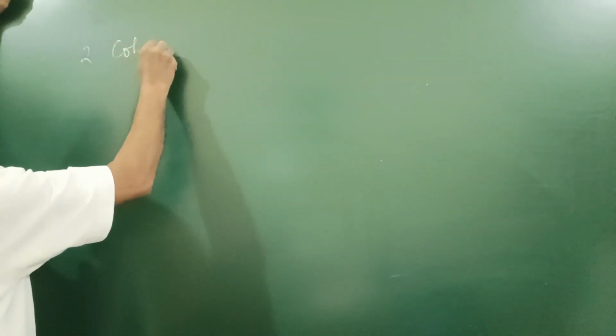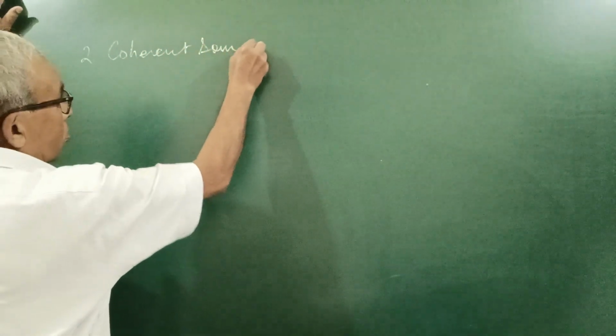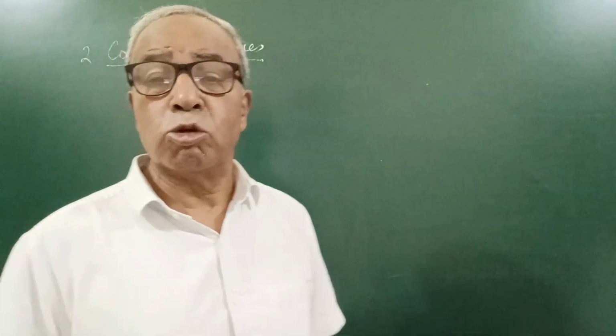Now we come to the second point, which is coherent sources. Coherent sources. Basically, first of all, a coherent source should be monochromatic.